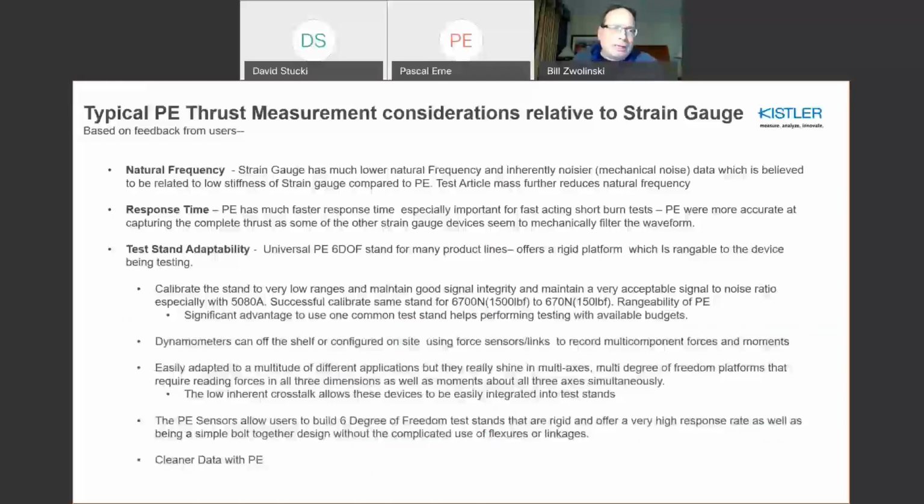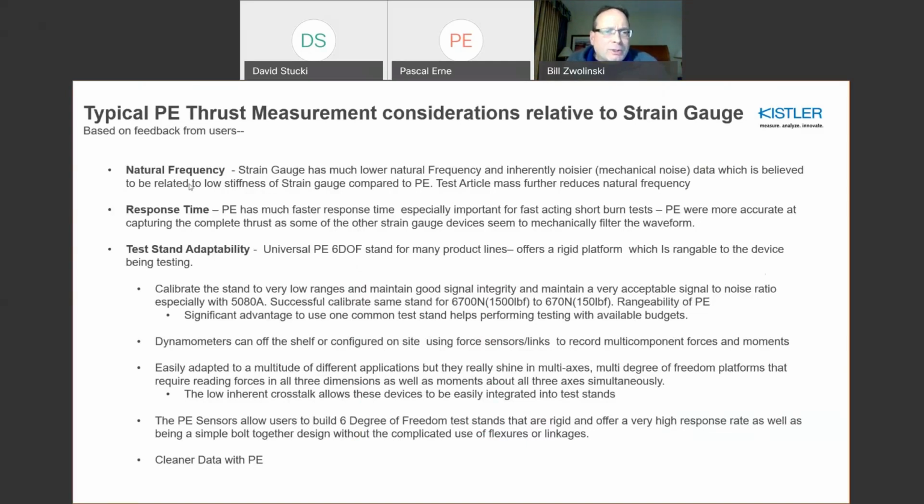I talk to a lot of people out there doing thrust measurements, and I just wanted to take a snapshot of the piezoelectric side because I find that in the industry there's quite a bit of awareness on the side of strain gauge. So on the other side, I ask users, hey, what would be interesting points to bring out, from a strain gauge to a piezoelectric measurement?